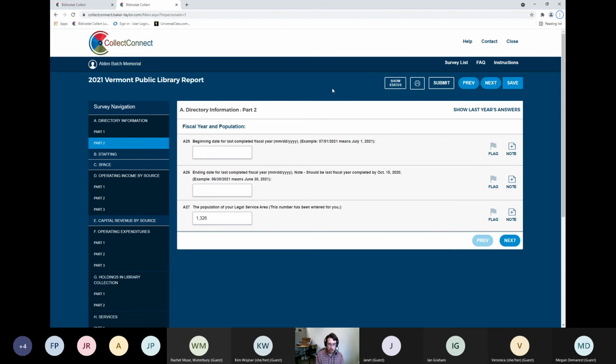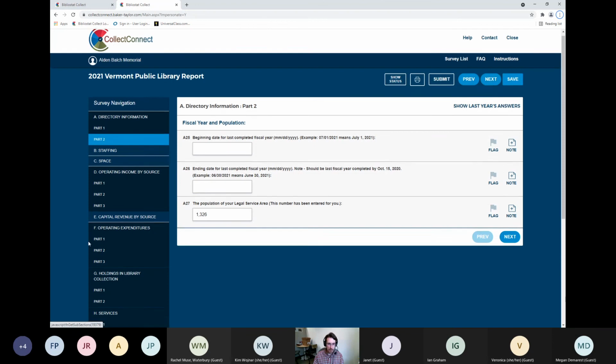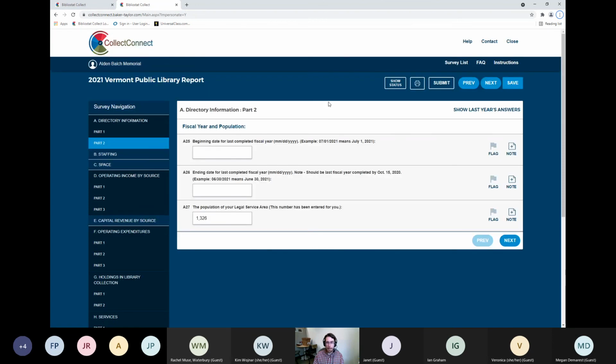But if you just hit forward or back, one, you might lose data, and two, the portal just gets weird. So try to train yourself not to use these. Instead, use previous, next, save, move around back and forth. Boom, boom, boom.